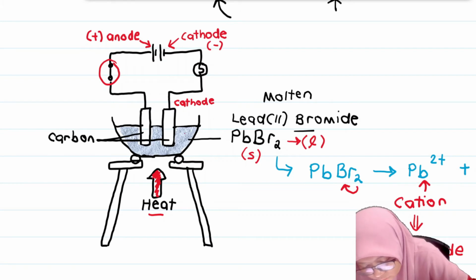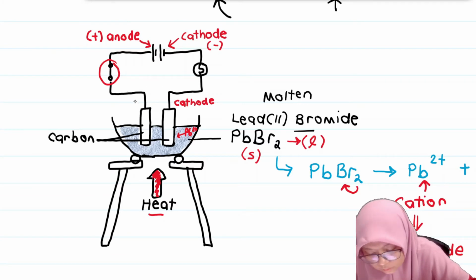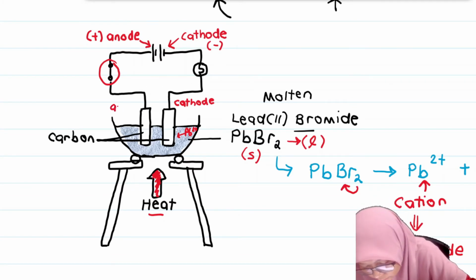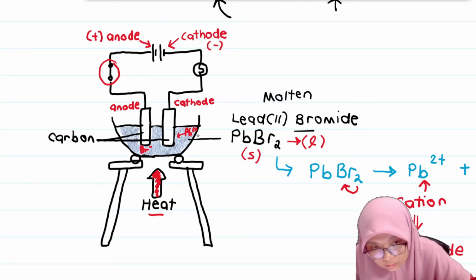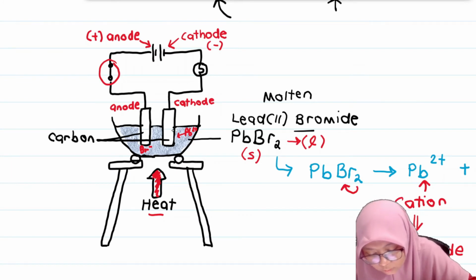The Pb2+ will go here, and the anion, the bromide ion, will be attracted to the anode. Not only one ion, meaning lots of ions. All the ions that exist in the molten lead bromide, all the Pb2+ will be attracted to the cathode, and the bromide ions will be attracted to the anode.